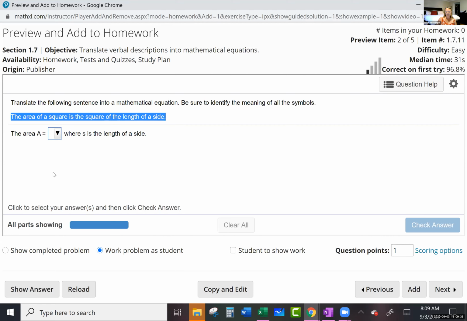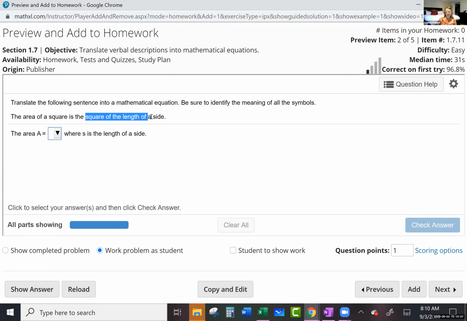So area of a square. Area, we know we can denote that by A. In this case, they did capital A, and they give us a drag down, so this isn't as hard, hopefully. But before I even pull that, "is" in the statement usually means that you're going to put the equal sign. So area A equals the square of the length of a side.